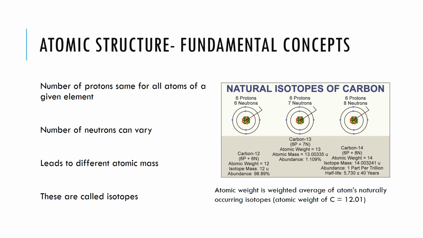And of course, this is what makes it possible to radiocarbon date a lot of ancient artifacts that are found in the ground. And you'll note then that the atomic weight that is found on the periodic table for carbon is an average weight of all of the atom's naturally occurring isotopes. And you'll note that's a weighted average, so it's done by relative abundance.